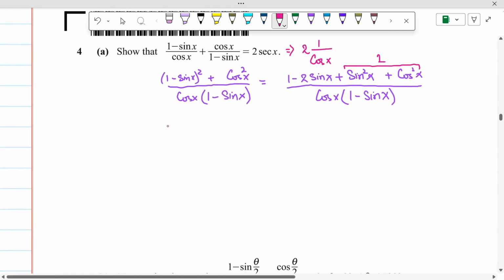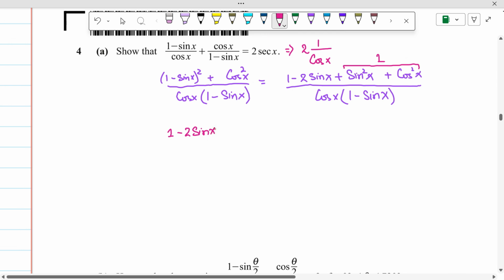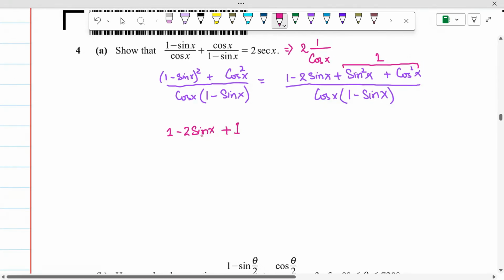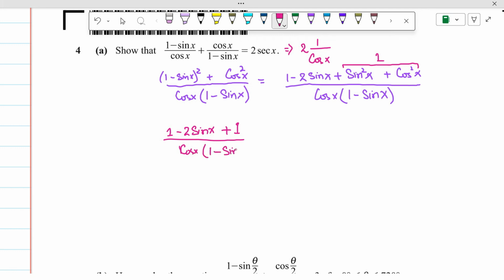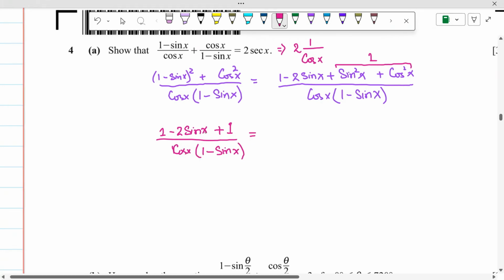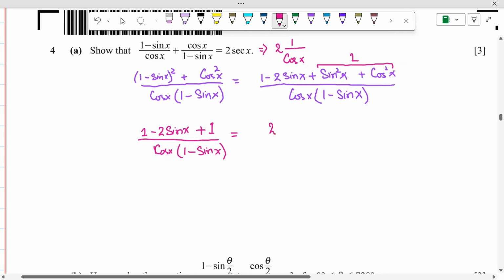So we can write it as (1 minus 2 sine of x plus 1) over cos of x times (1 minus sine of x). So in the numerator we will have 2 minus 2 sine of x. Got it? Over cos of x times (1 minus sine of x).